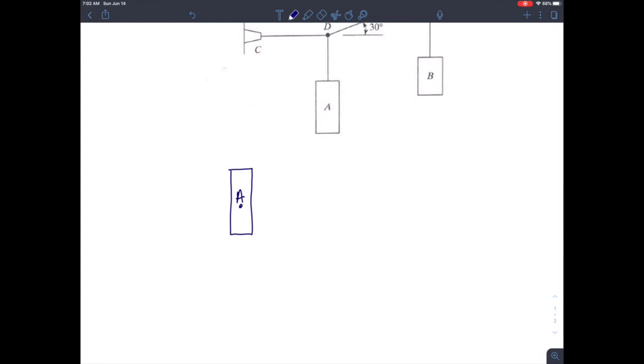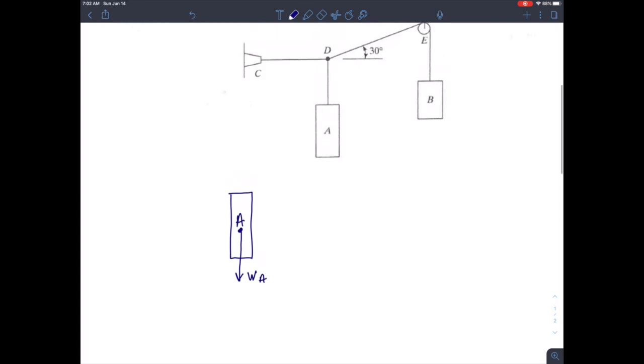Well, at the center of A, I would have the weight, mass times gravity, so the weight of A. Then it's connected with a cable that goes straight up, and so I have a tension force counteracting that. Later on we'll get more into sum of forces equals zero, equilibrium kind of questions, but for now, there's the free body diagram for A.